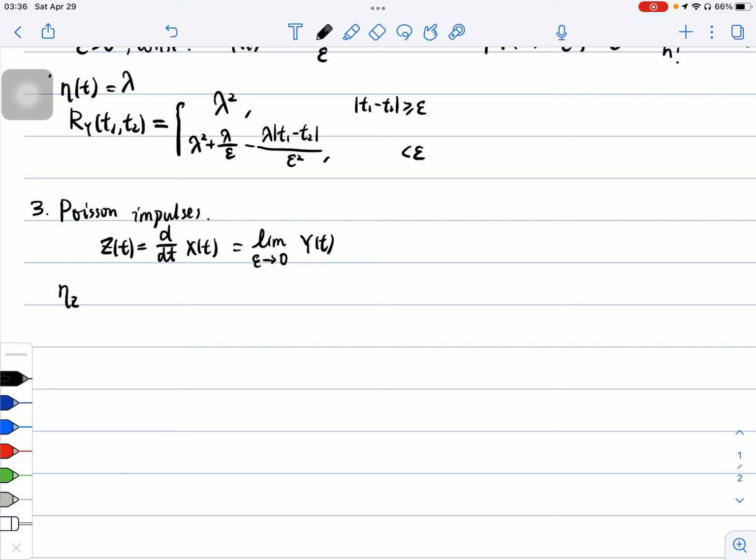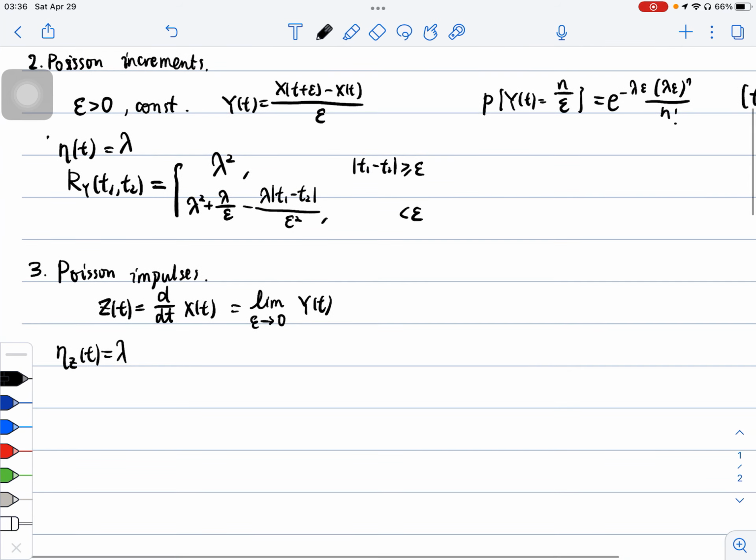So the mean should be lambda because it is very similar to the Poisson increments. And the autocorrelation is lambda square plus lambda delta (t1 minus t2).